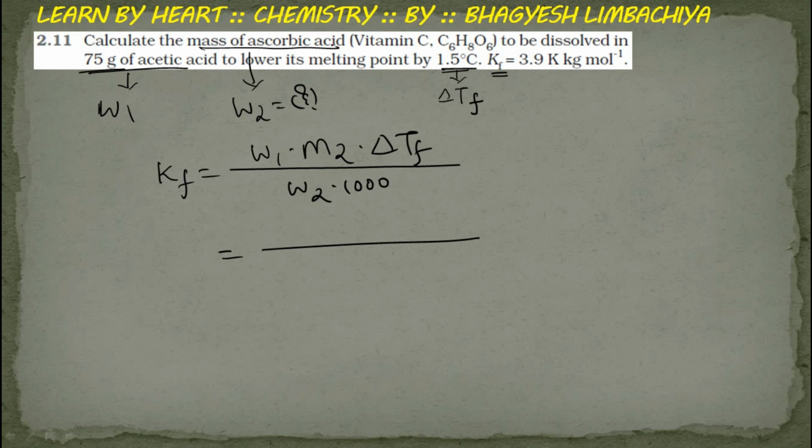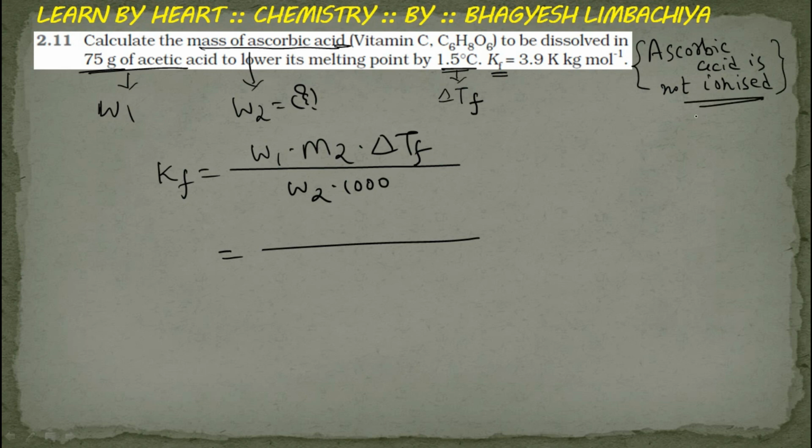First of all, whenever any acid is dissolved in water, at that time it will be ionized. But here one short note should be written, that ascorbic acid is not ionized.